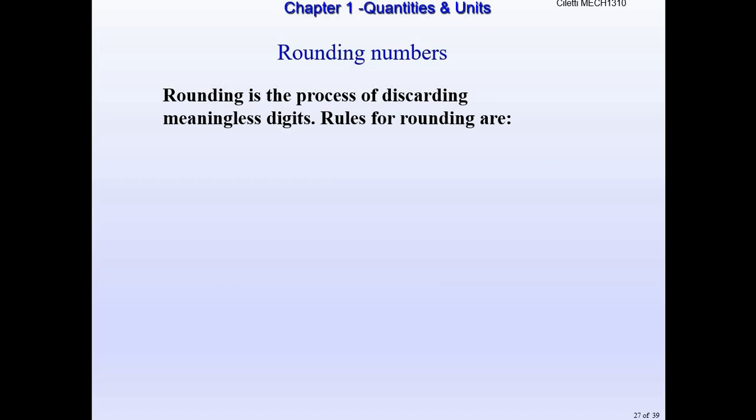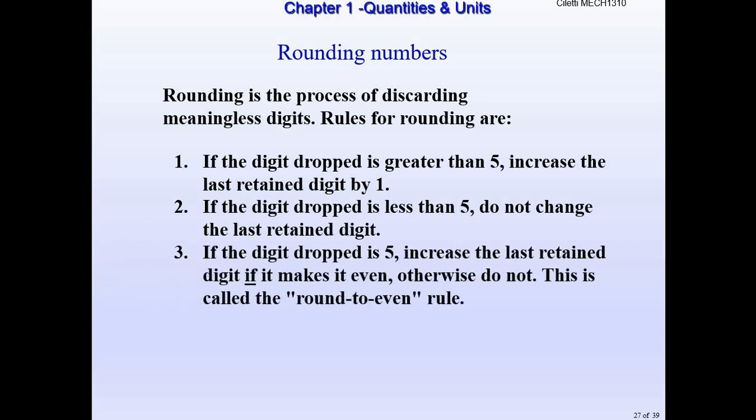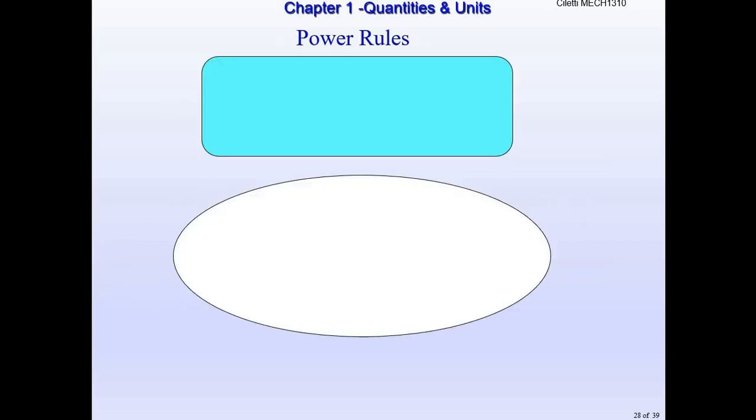Let's say I ask you to go to the nearest whole number and you have 1.49, you should know that rounds down to what? 1. If I give you 1.50, that rounds up to 2. So notice that 5 is the halfway point where we round up or round down. Old school math that you should know how to do.